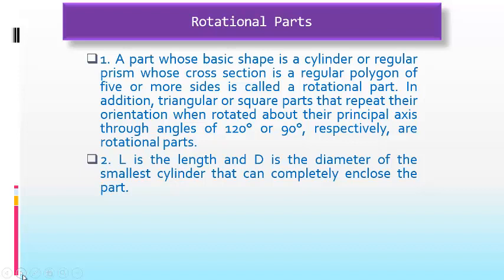L is the length, D is the diameter of the smallest cylinder that can completely enclose the part.